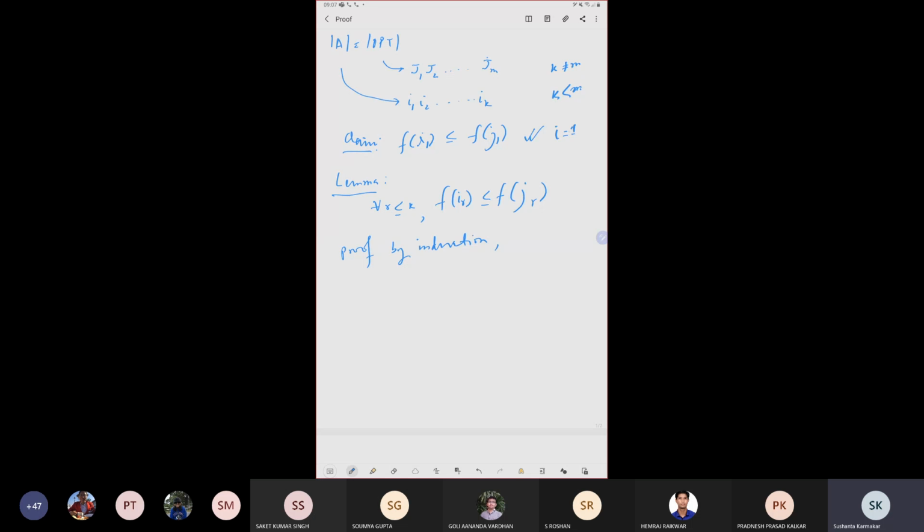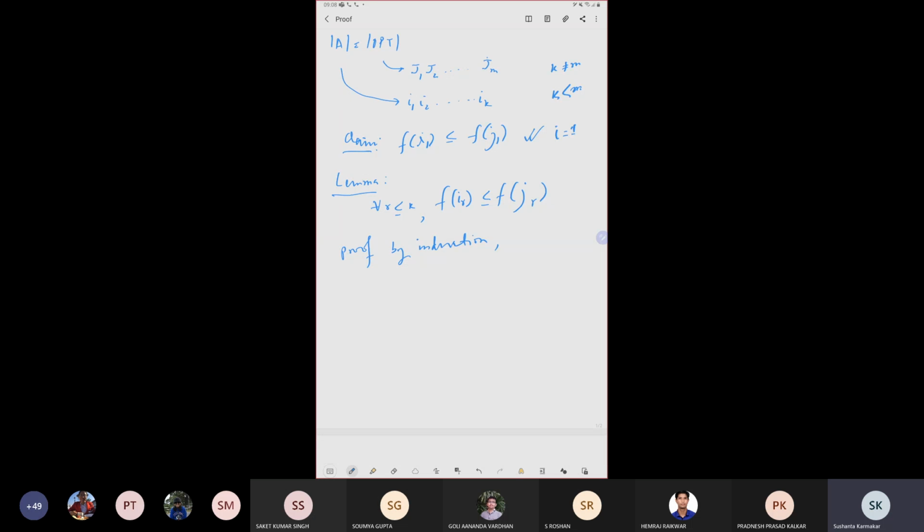This is the base case, r equal to 1: the first interval accepted by algorithm A has a finish time smaller or equal to that of J1. I think this argument is clear to everyone.